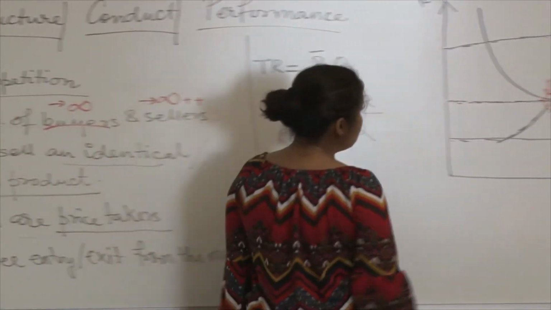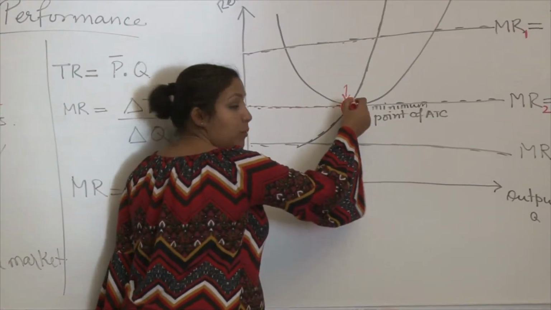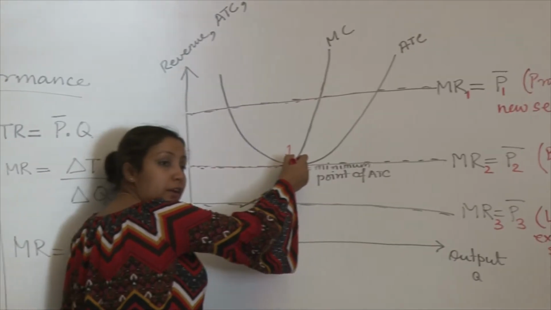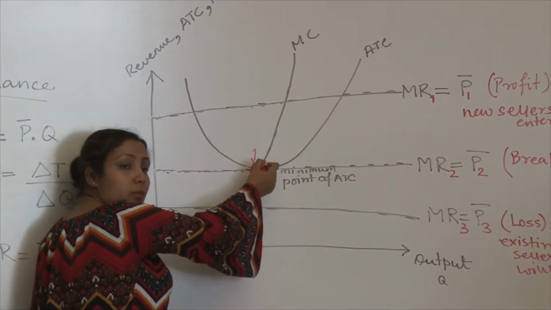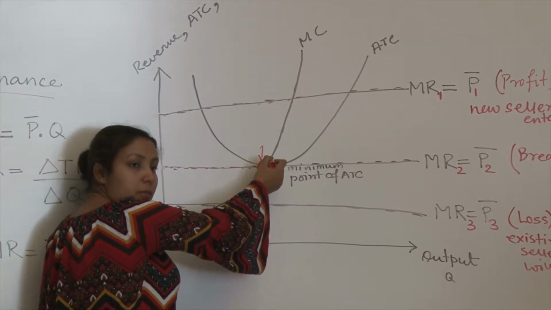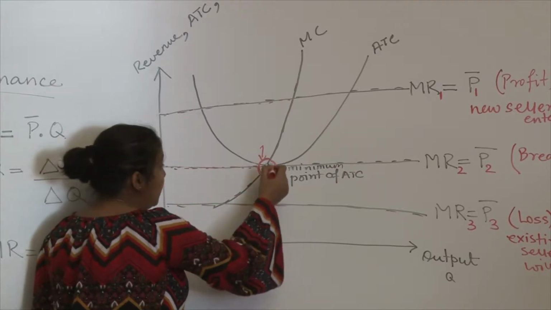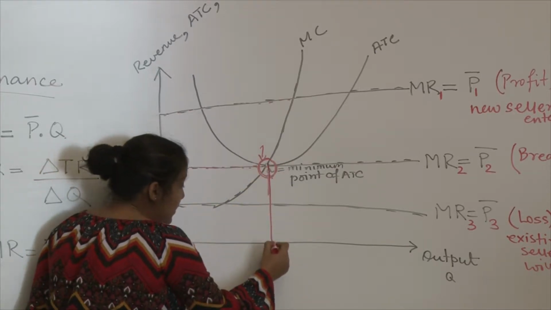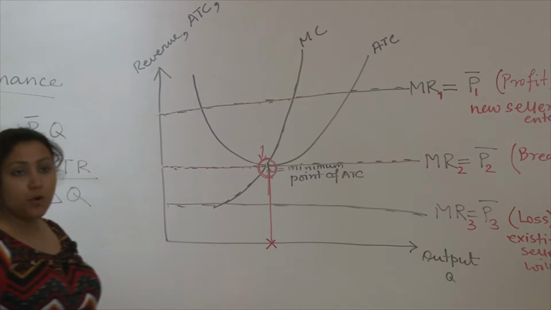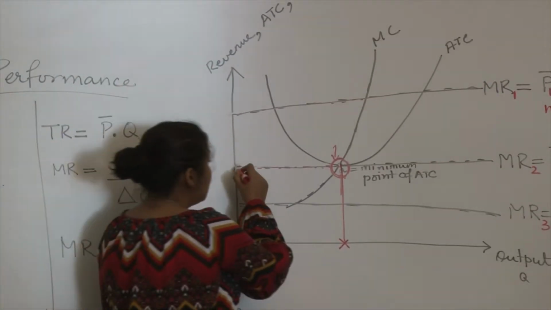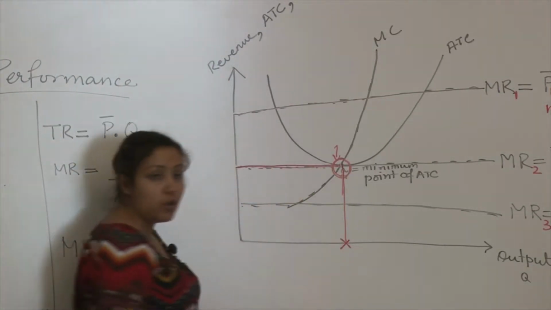So that means this is the most stable point in perfect competition. Once you reach this point, there are very few chances that the buyers and sellers will move from this point, the market will move from this point. And please note that the output at this point is produced at the minimum most cost, right?